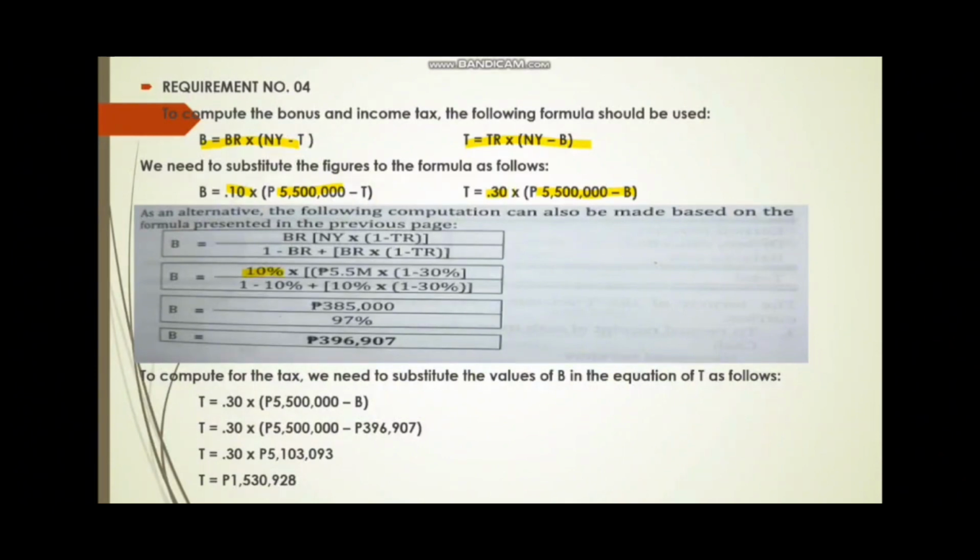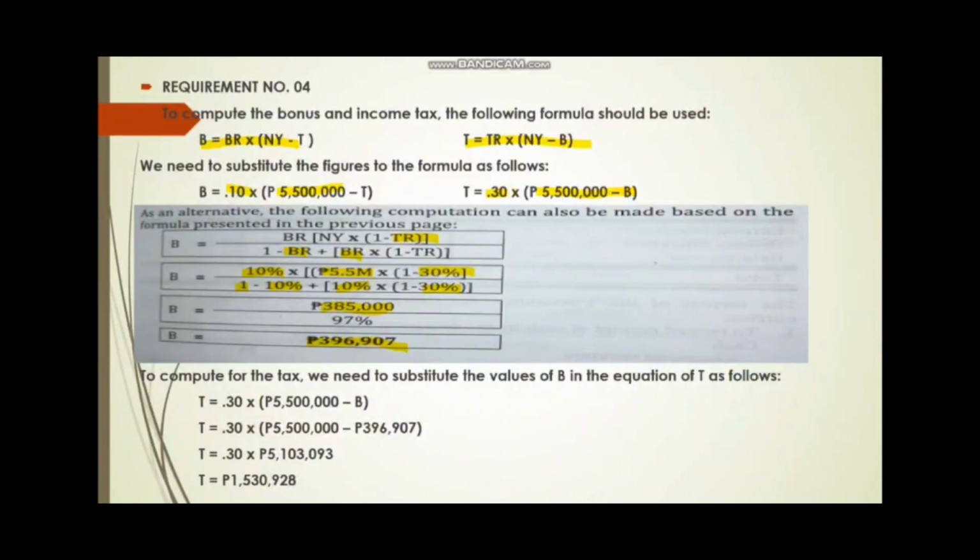Then 10% is the bonus rate, times 5.5 million, times 1 minus tax rate of 30%, over 1, then bonus rate of 10% plus bonus rate again of 10%, times 1 minus tax rate of 30%, equals 385,000 over 97%. Our bonus is 396,907.